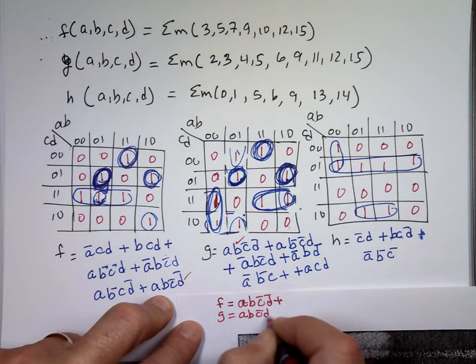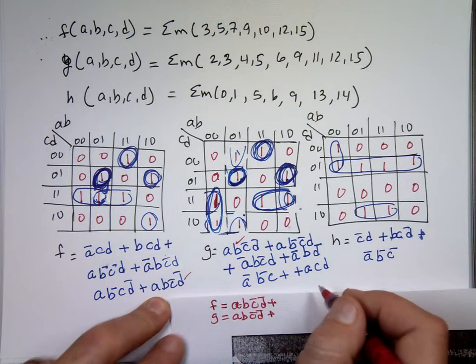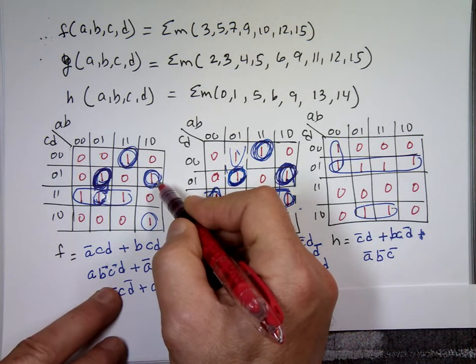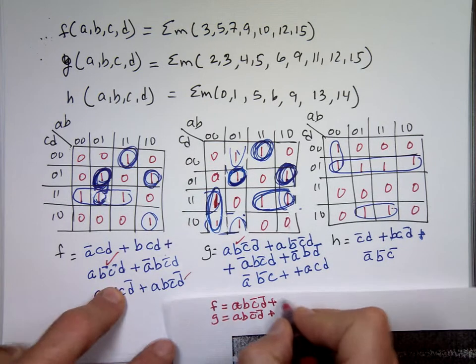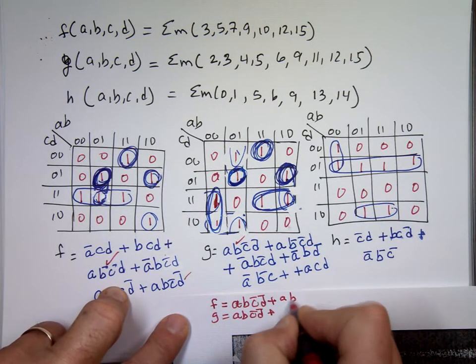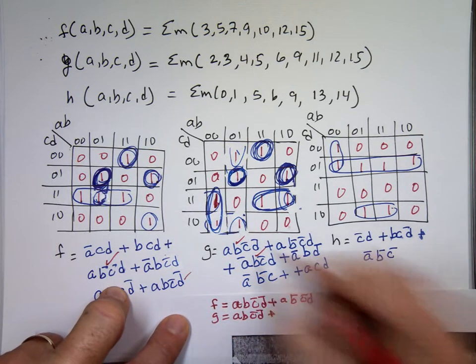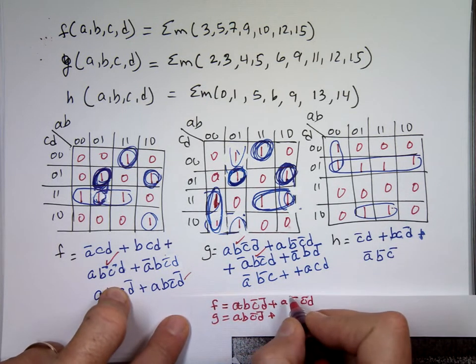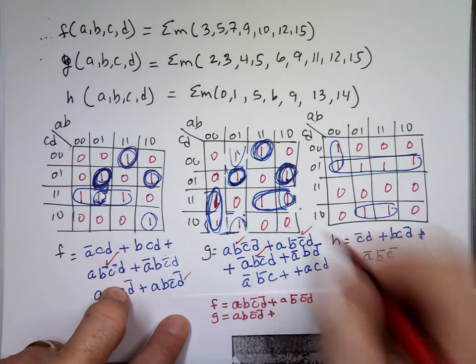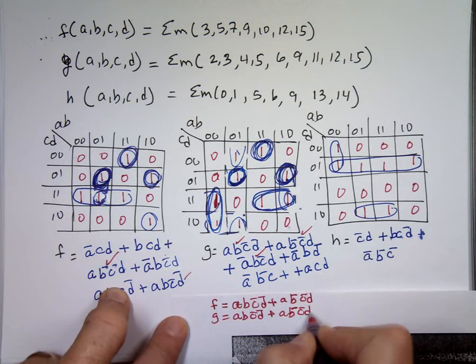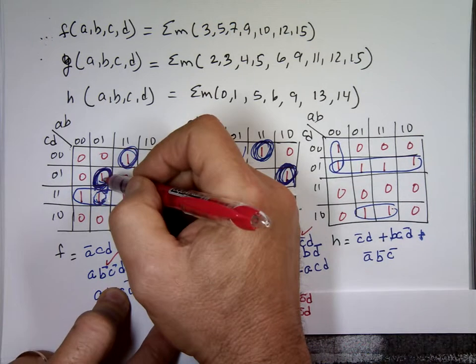What else we got? Which one is this? A, B bar, C bar, D, that's this one. Oh no, no, that's A, B bar, C, that's this one. The next one is this one, which is what?